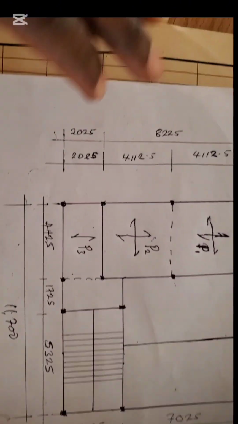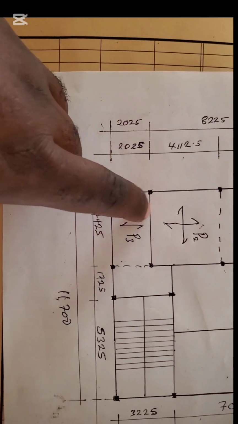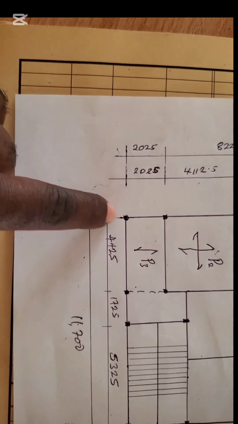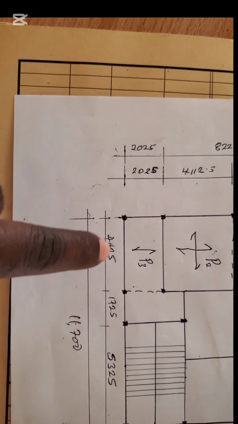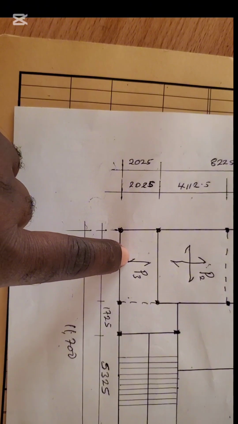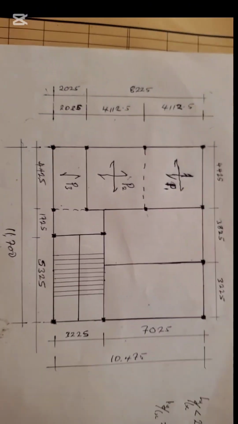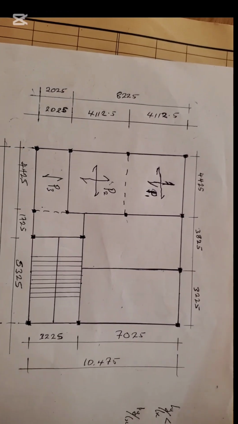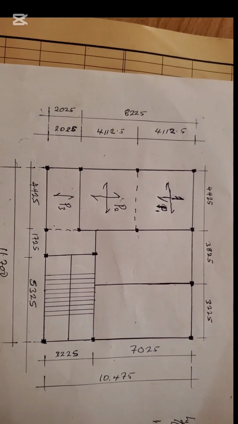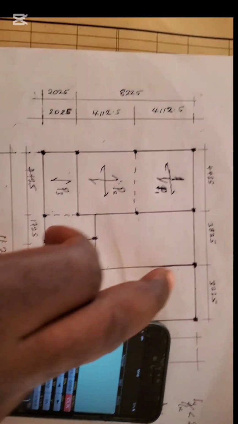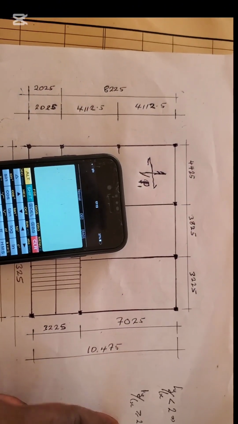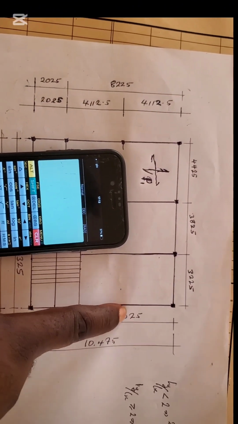The reason it's represented like this is that we are telling you the main bars are going to run along the shorter span. The main bars will run across the shorter span. Then we have this panel here. The shorter span is 3825, and the longest span is 7025.